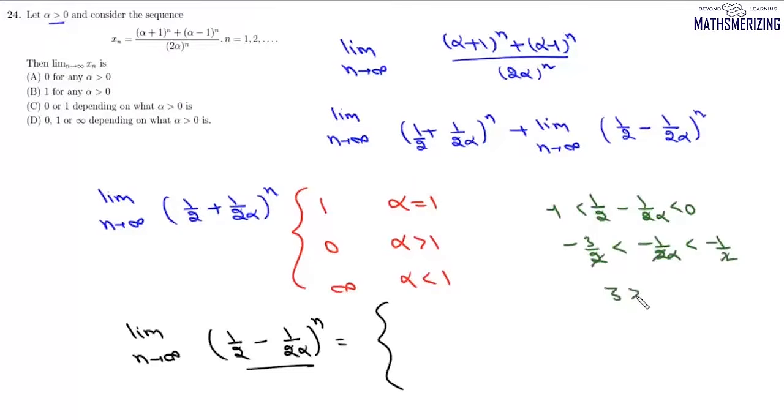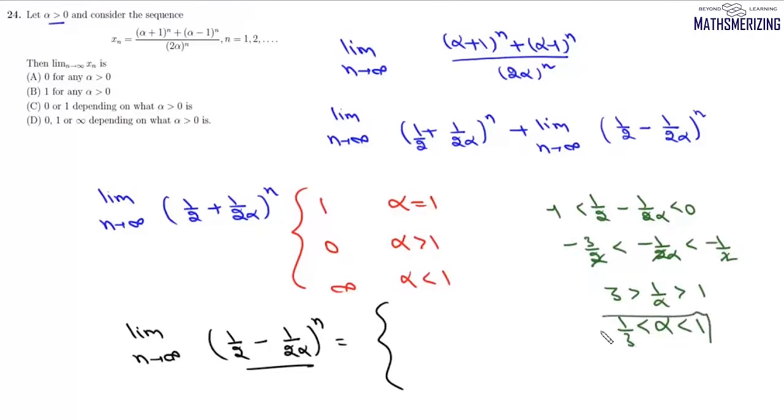That means 3 will be greater than 1 by alpha, which is greater than 1. And if we take the reciprocal, we'll get alpha greater than 1 by 3 but less than 1. In that case, this value will lie between minus 1 and 0. Then in that case, a to the power infinite will be simply 0.